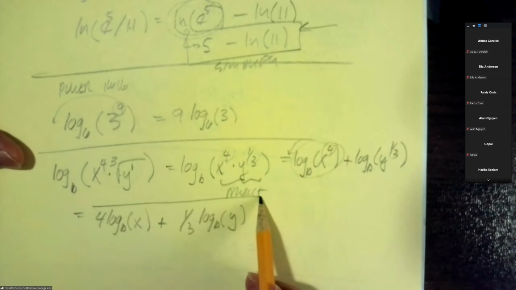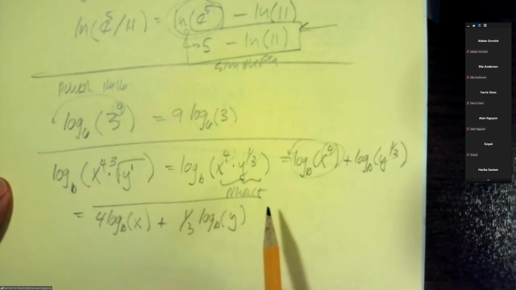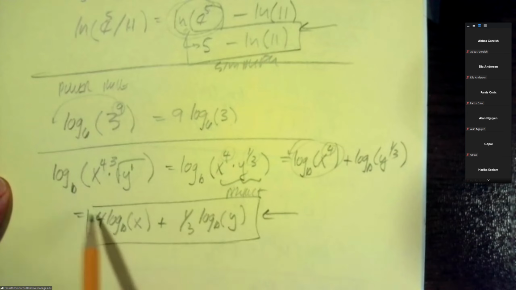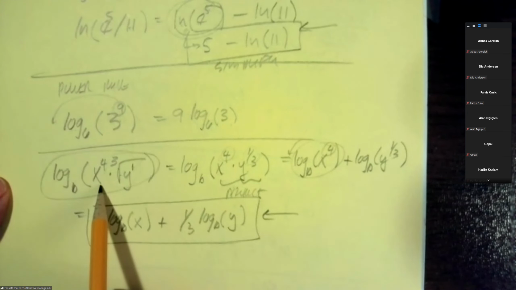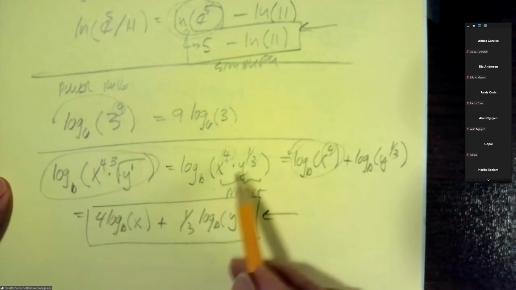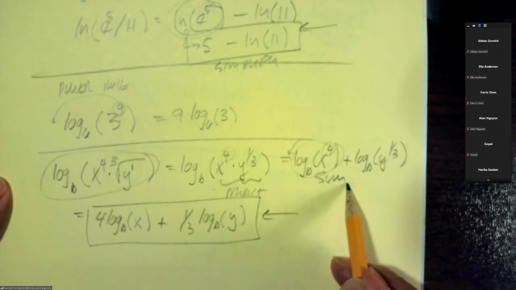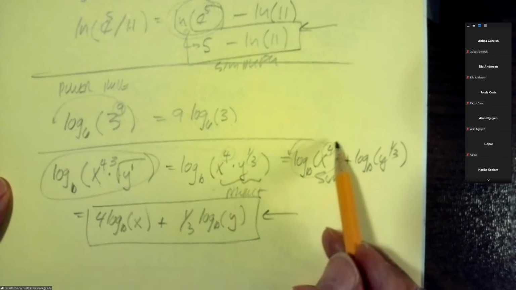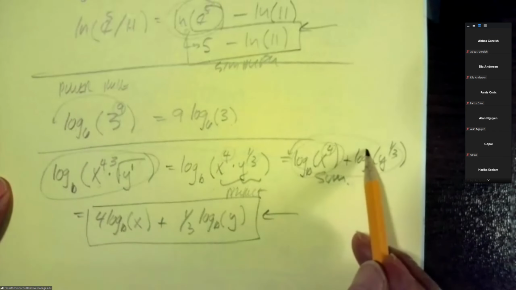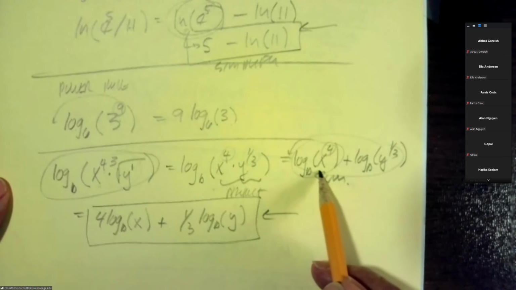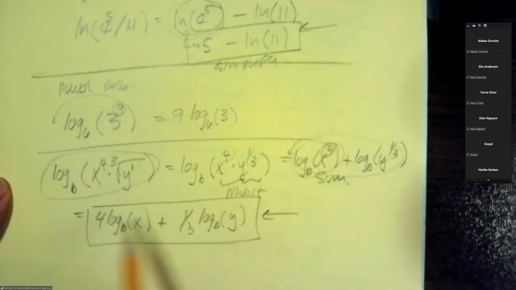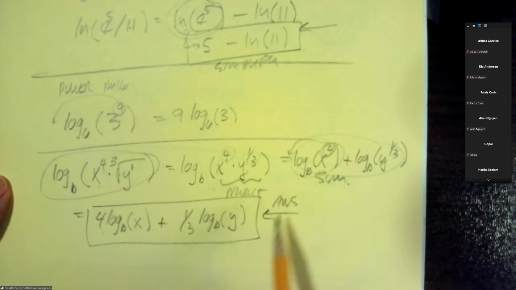Okay, so when I expand this using the properties, I take this product and expand it into a sum of logs here, using my product property to get this notation, and then taking the power property to get this notation. So now we've simplified all the way down to 4 log base b x plus 1/3 log base b y. Okay, and that would be the answer that we have.